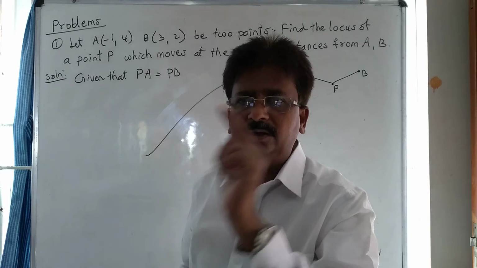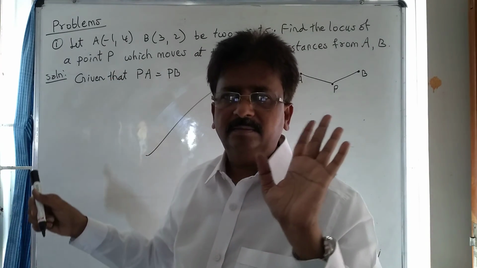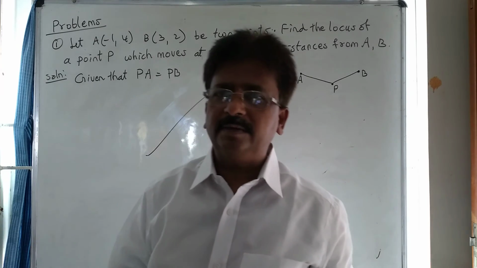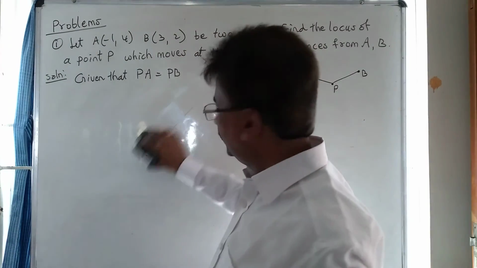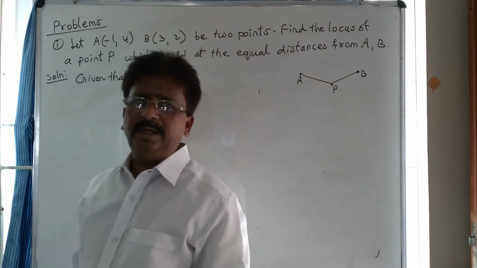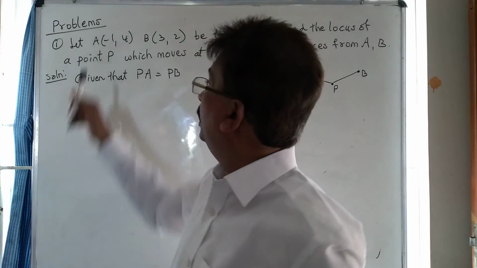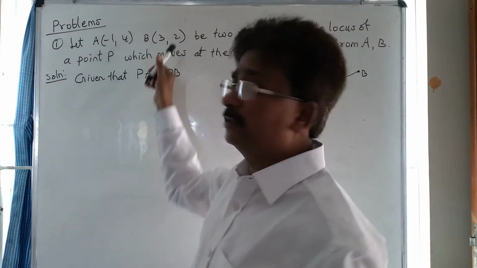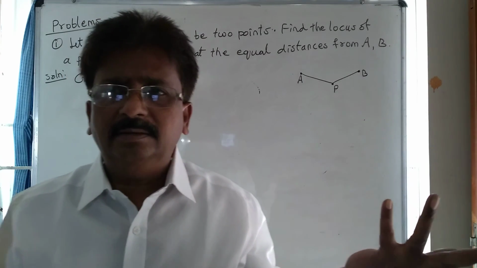Okay. Now I will transfer this geometrical equation into the algebraic equation. Now what is the meaning of PA? Distance between the points P and A. Here A has coordinates, B also has coordinates, but P has no coordinates.